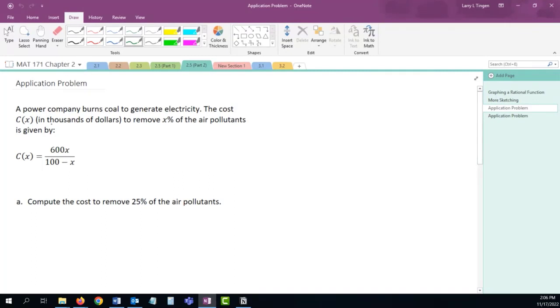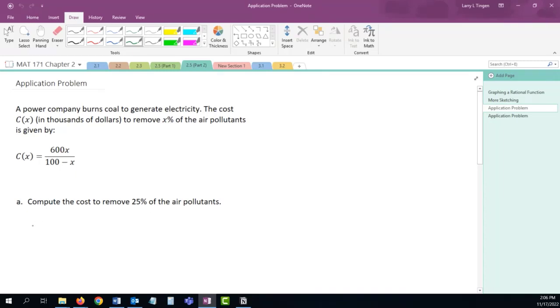I have a rational function that describes the cost in thousands of dollars to remove X% of air pollutants for a coal power plant. All right, so first question, compute the cost to remove 25% of the air pollutants.